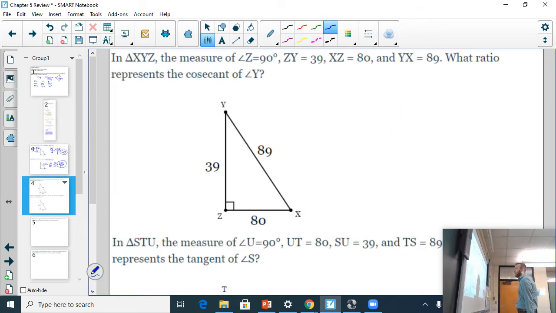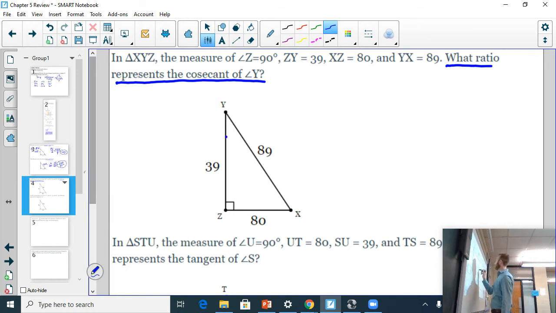Next one. The question is, what ratio represents the cosecant of y? So now, pay attention, we're looking at y, right? It depends which one we're looking at. Cosecant goes with sine, right? So let's find the sine of y.